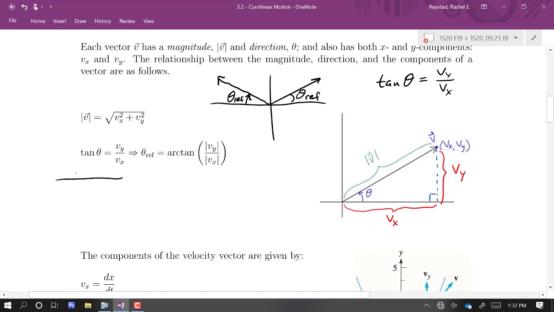So looking at our quadrants, if our vector is in quadrant 1, then our angle theta is just the same as the reference angle, right? It's whatever you get when you use arctan. If we're in quadrant 2, that reference angle is how much I need to back up from the negative x-axis. So if I'm using degrees, then my angle is 180 minus the reference angle.